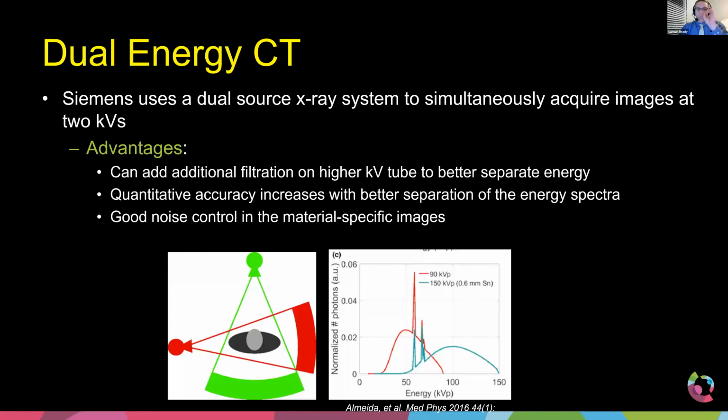But at one instant in time, this scanner will never image the same tissue with 2 X-ray energies. Now remember, fundamentally, all the way back to Dr. Hounsfield, 1973, the goal here is to image the same tissue twice. But at one instant in time, you're never going to be able to do that because the tubes are 90 degrees apart from each other.